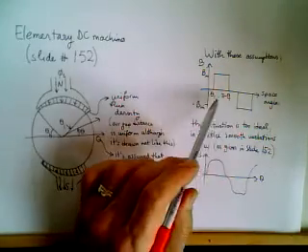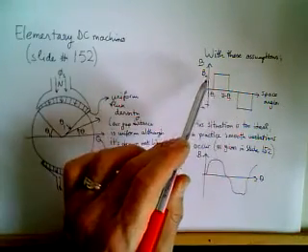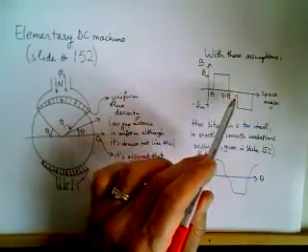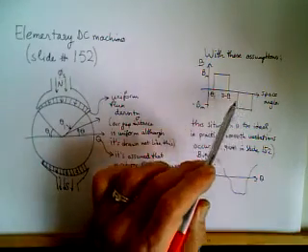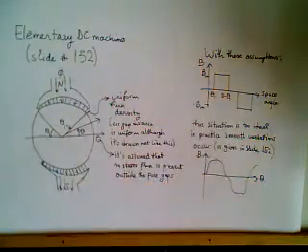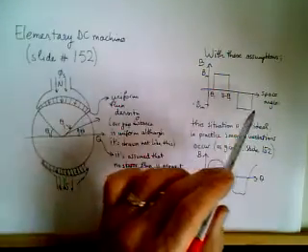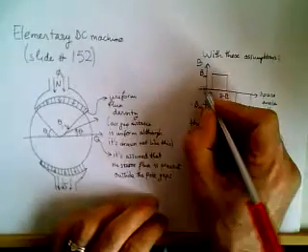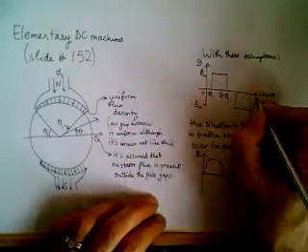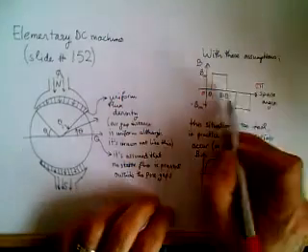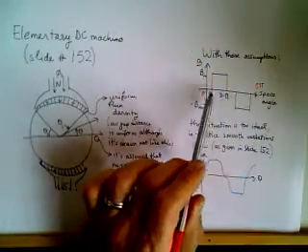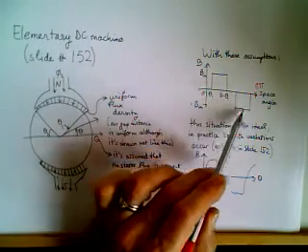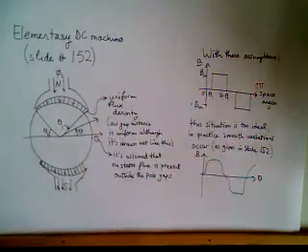So this B field is perfectly pulsed or rectangular in idealistic conditions. So from 0 to angle 2 pi we have the magnetic flux density distribution in a very idealistic case.